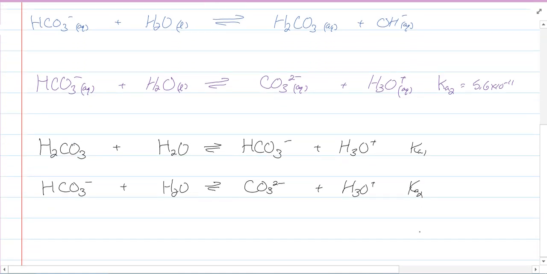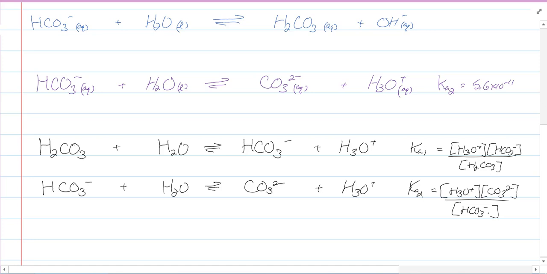Let's write their expressions. So Ka1 would be, of course, our H3O plus, HCO3 minus, and H2CO3. Ka2 is still hydronium, of course, CO3 2 minus carbonate all over bicarbonate.